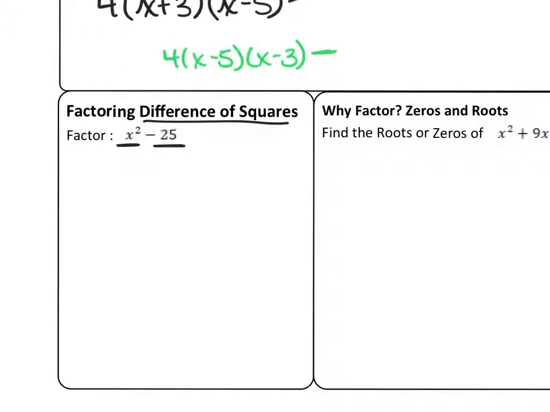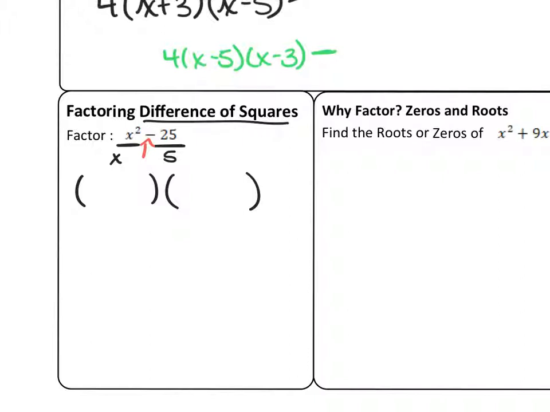So they call this a difference of squares because we have this minus sign in the middle. So look out for examples like this. All you're going to do is come up with the values that these are squared by. So this one is x squared, and the 25 is 5 times 5, so it's 5.